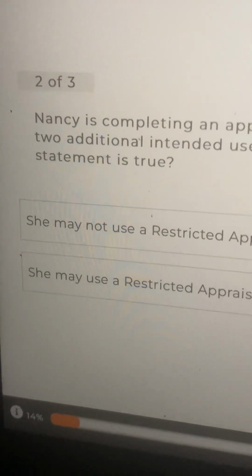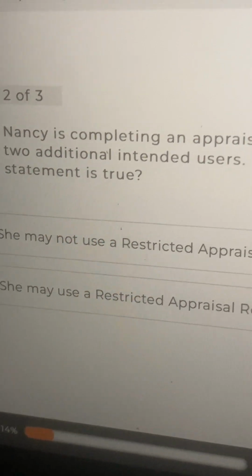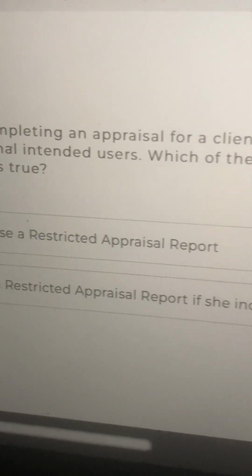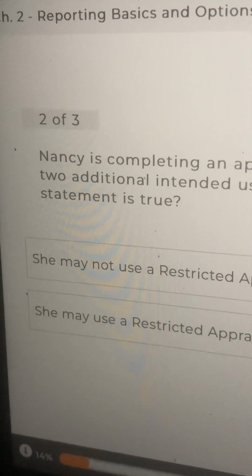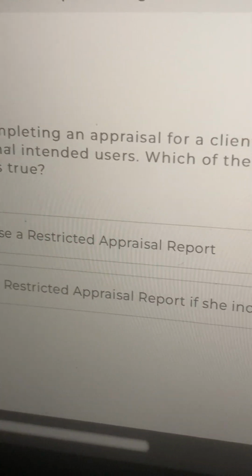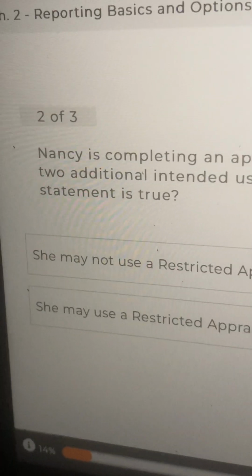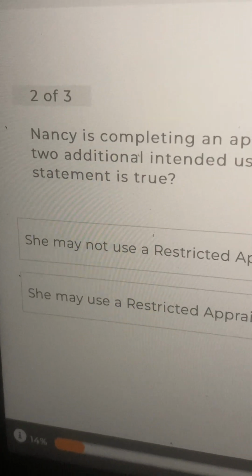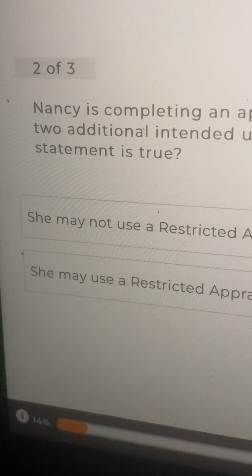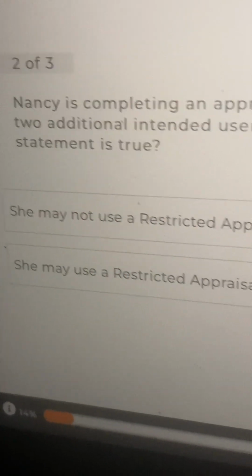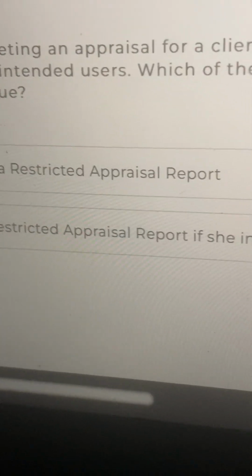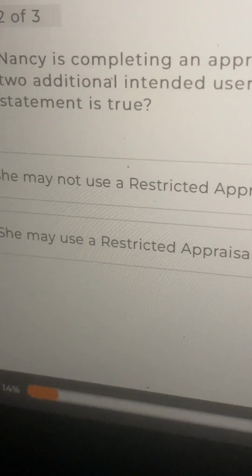Number 2, Nancy is completing an appraisal for a client and 2 additional intended users. Which of these statements is true? A, she may not use a restricted appraisal report.